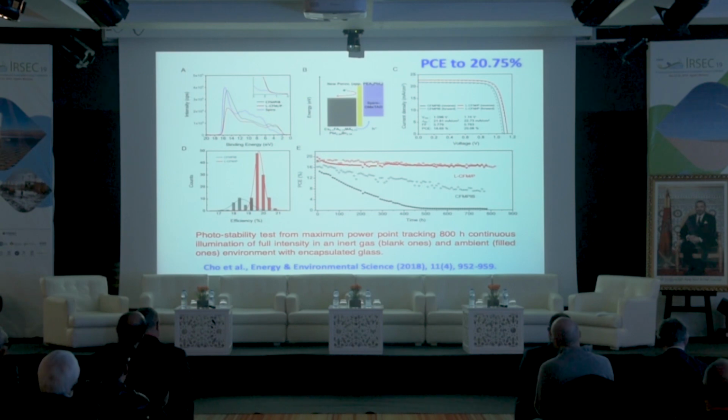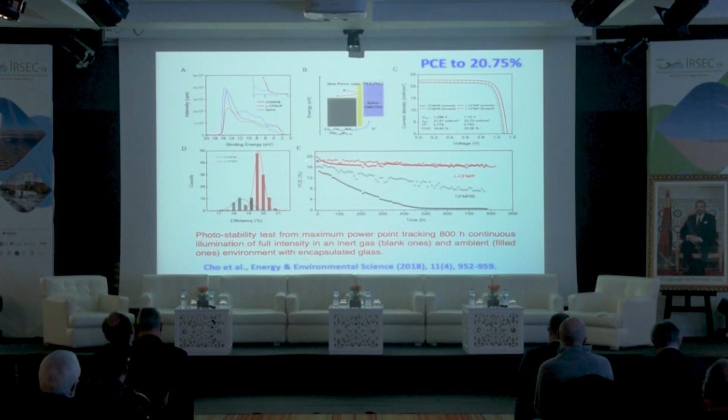So for 800 hours they are extremely stable. And the filled circles are encapsulated but measured under outside conditions. So they are overlapping, but in both cases we have a two-dimensional perovskite on the top of three-dimensional perovskite. And if you look at the black lines, that's not the case. It's a pure three-dimensional perovskite.